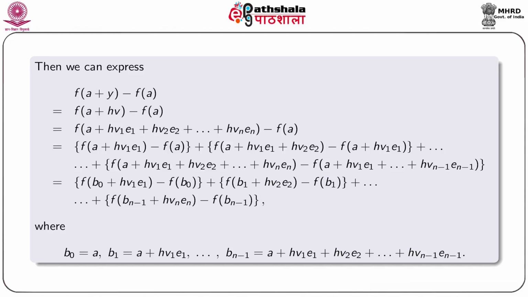To make our computations easier, we write b₀ = a, b₁ = a + hv₁e₁, and bₙ₋₁ = a + hv₁e₁ + hv₂e₂ + ... + hvₙ₋₁eₙ₋₁. So, f(a+y) − f(a) = [f(b₀+hv₁e₁) − f(b₀)] + [f(b₁+hv₂e₂) − f(b₁)] and so on.